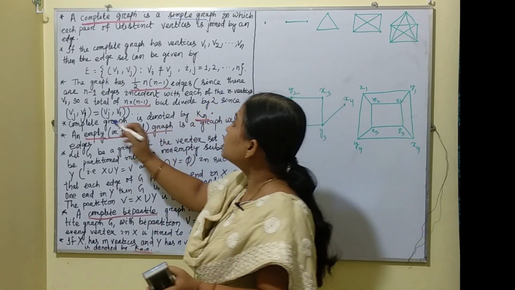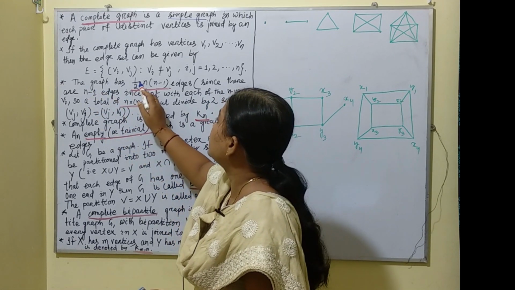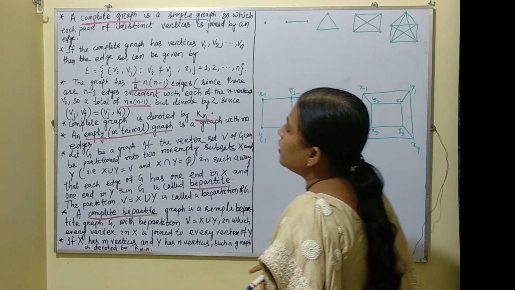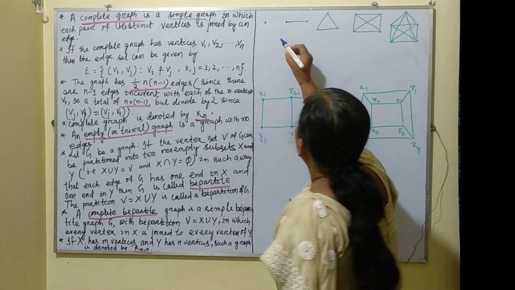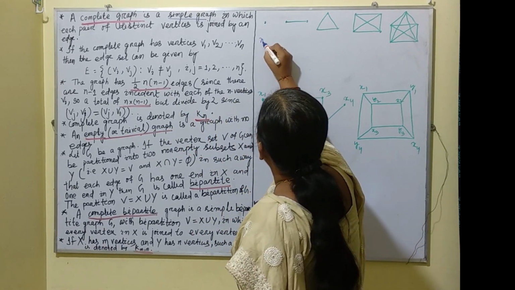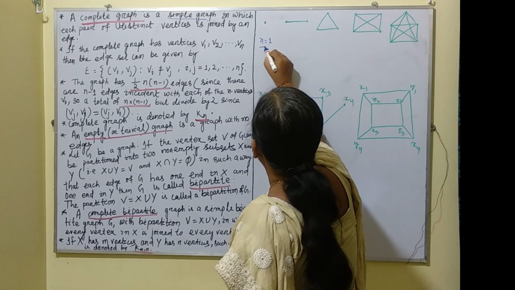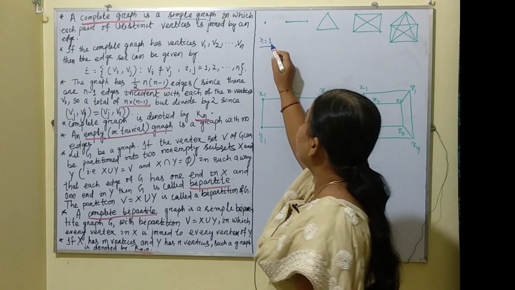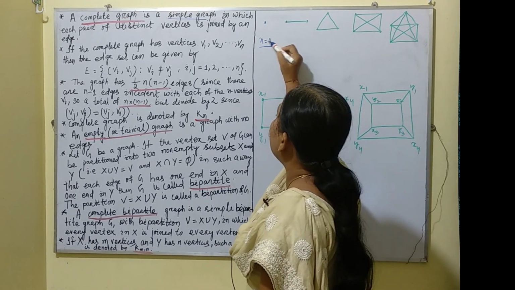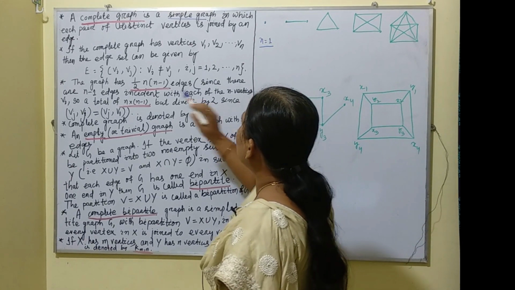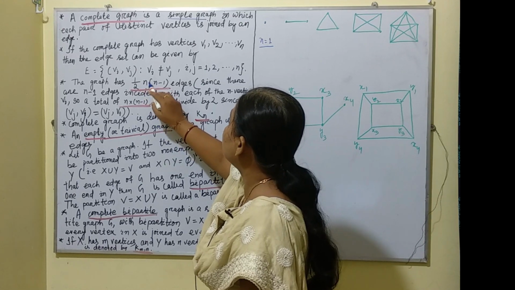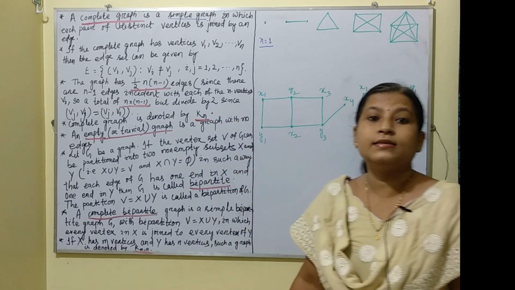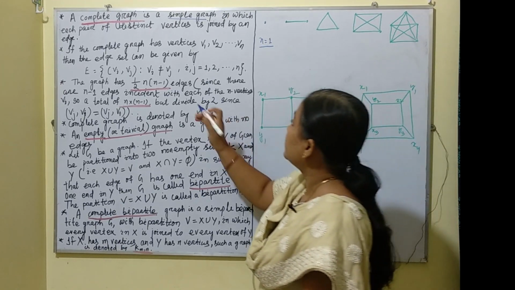The graph has half into n into n minus 1 edges. For n equal to 1, where n is the number of vertices, there is 1 vertex, so 1 minus 1 gives 0 edges.